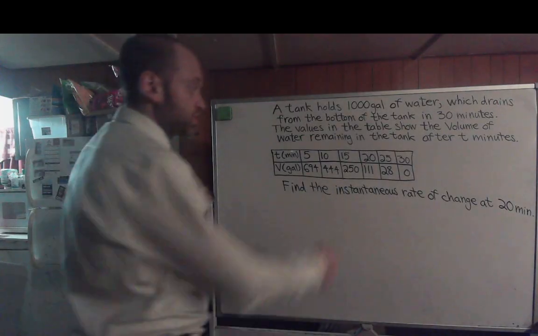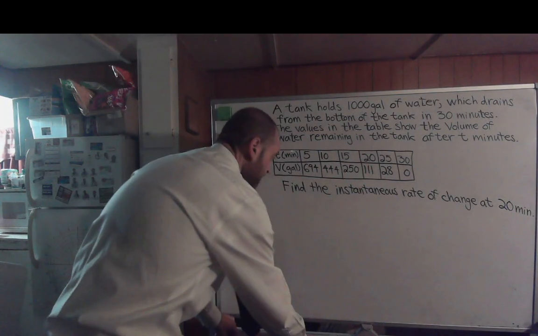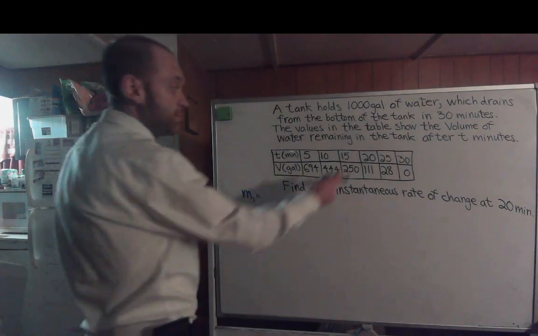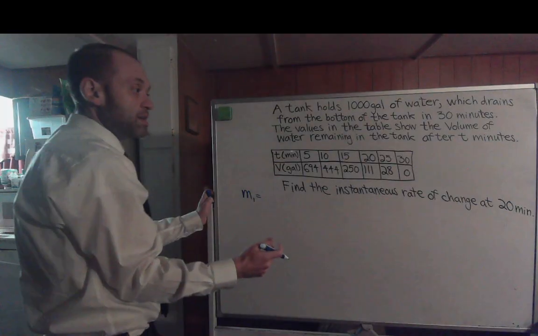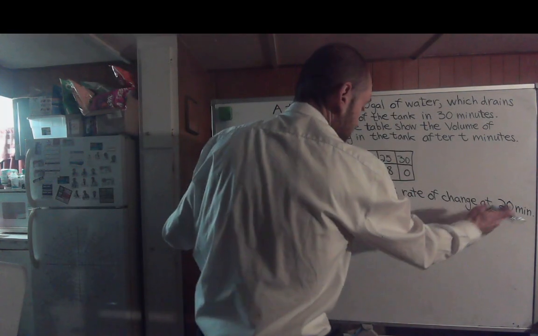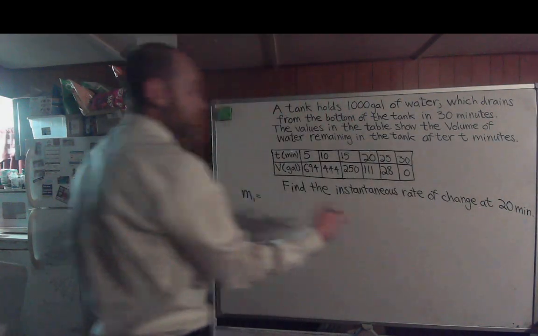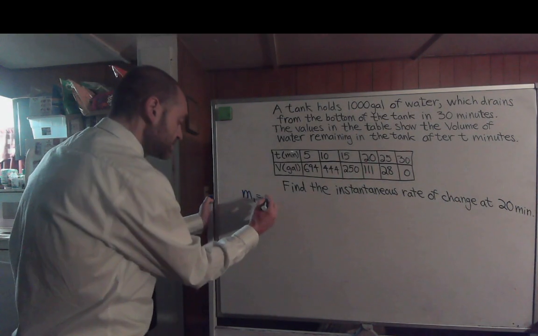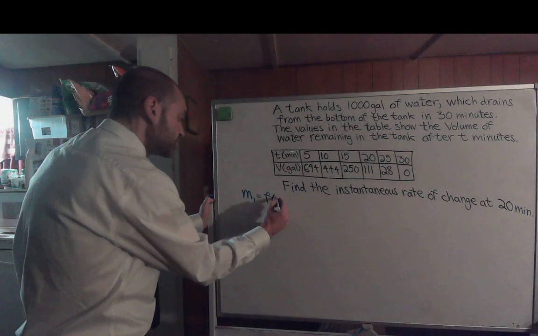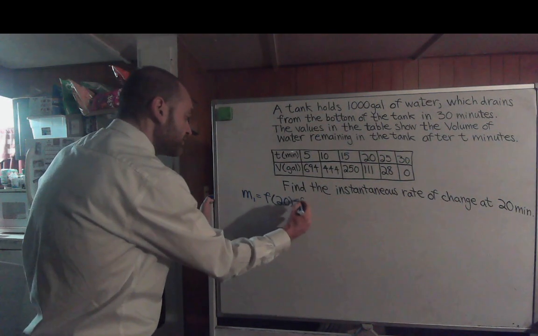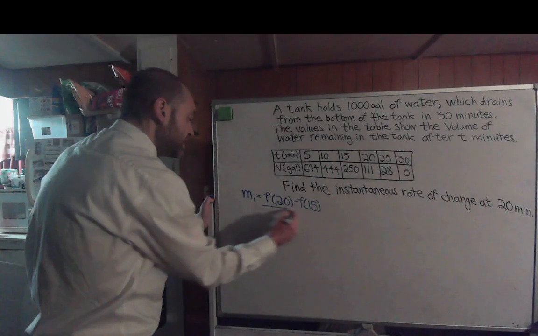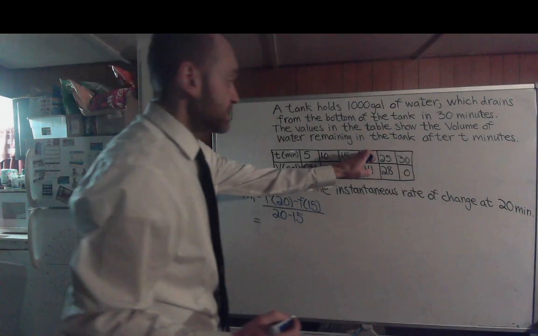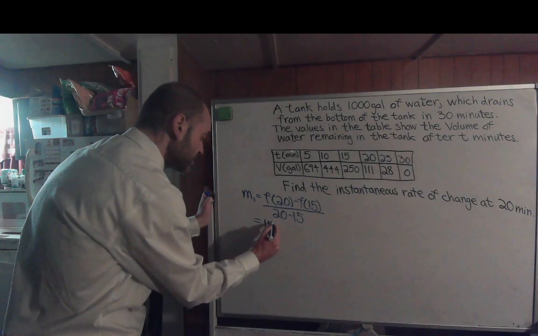So I should probably first go from 15 to 20. If I want to find the average rate of change from the time 15 minutes to 20 minutes, because we need to include 20 minutes in our average rates of change since we're going to find the instantaneous rate of change, I will take f of 20 minus f of 15, divide that by 20 minus 15. Now at 20 minutes, this tells me I have 111 gallons in the tank.